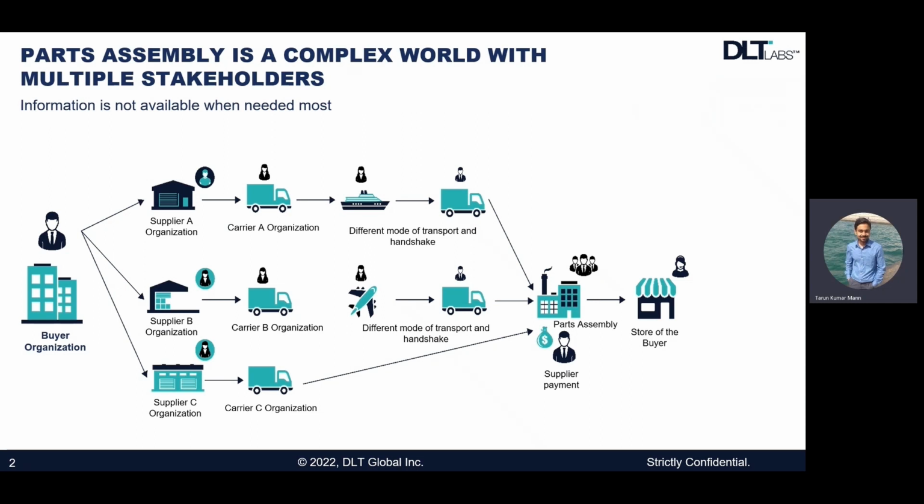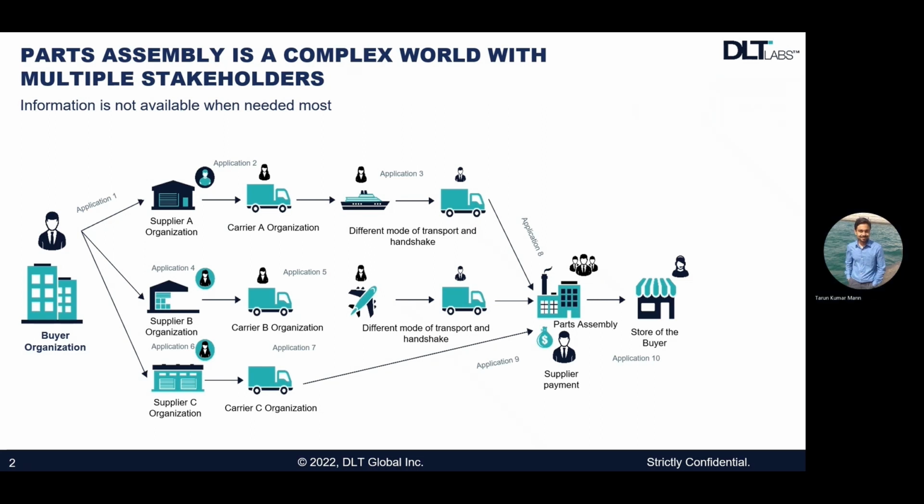To solve those challenges, DLT Labs offers our platform named DL Asset Track. Typically in a process like this, where multiple entities are involved, each entity has its own set of internal applications. In this diagram, we can see that there are around 10 applications listed. The buyer organization will have its own internal application in which the purchase order is created.